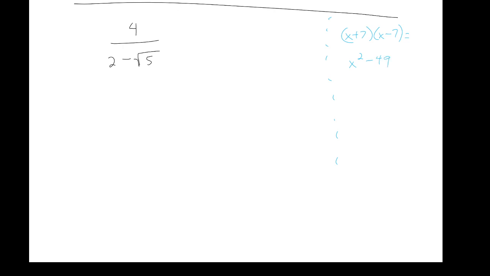This was the instance where we had a binomial, two terms, and when we multiply them, typically you wind up with a trinomial, except in this instance, where the b term is negated in the FOIL pattern, because the outer and the inner cancel each other out: plus 7x, minus 7x. Those go away, but the x squared and the negative 49 stay. So we're going to multiply by what's called the conjugate.